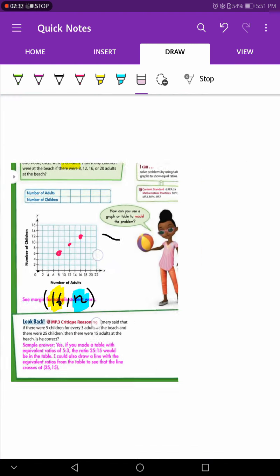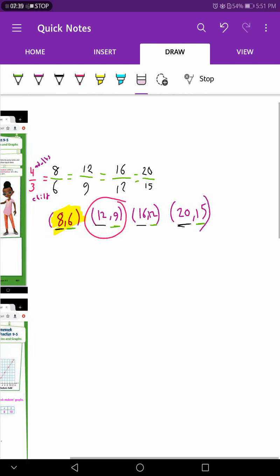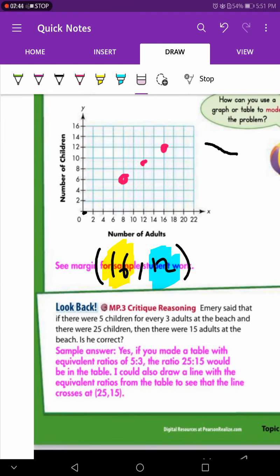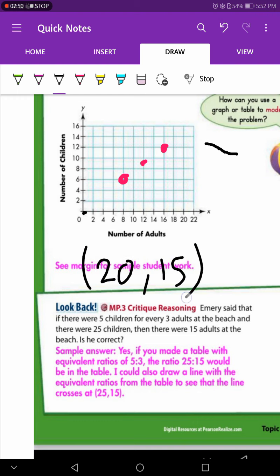Okay, what's next? 20 and 15. So this means 20 to the right and 15 up.